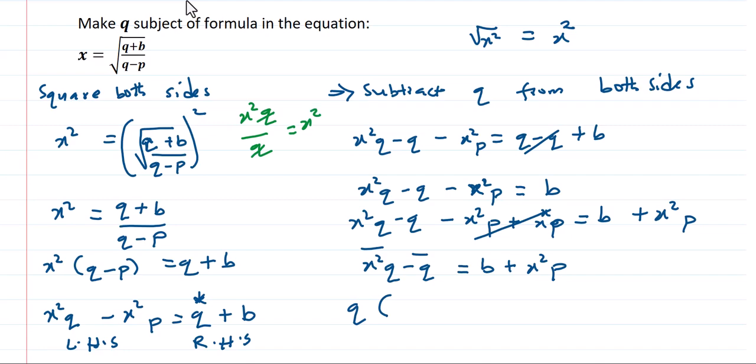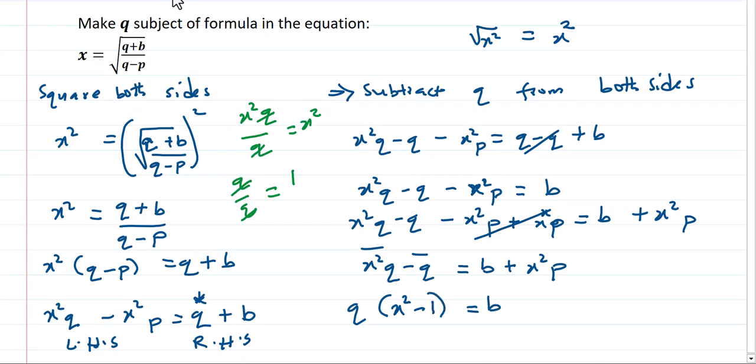And then if you have q over q, it cancels out to become what? 1. Whenever a number divides itself, it's just 1. So we've simplified that and we know that dividing x squared q by q gives us x squared. And then we have minus 1 because q divided by q is just 1. So it's equal to b plus x squared b.